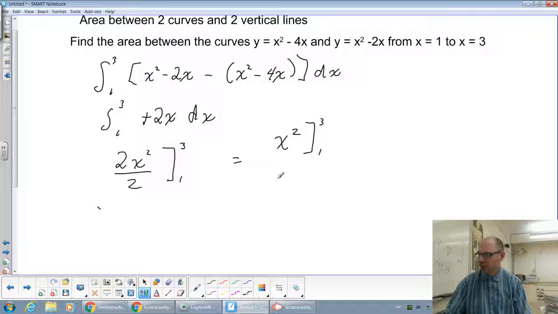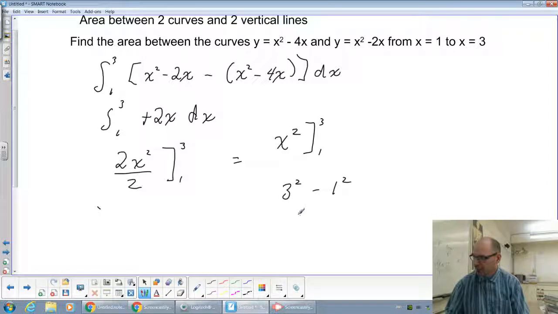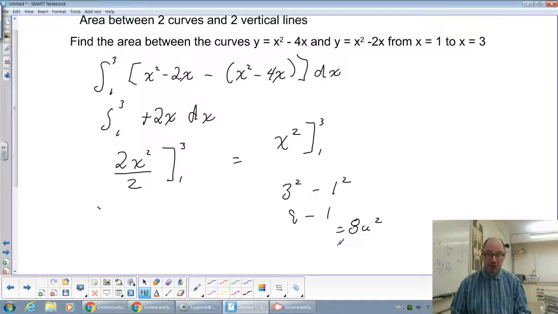And the square units there, it's just going to be 3 squared minus 1 squared equals 8 square units. Okay, so that's pretty straightforward.